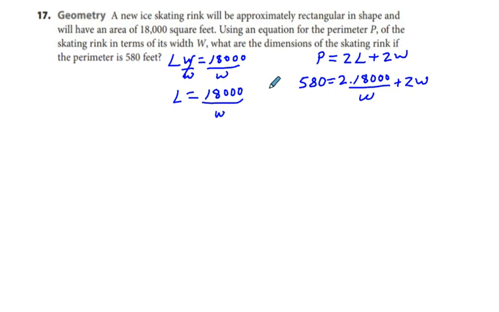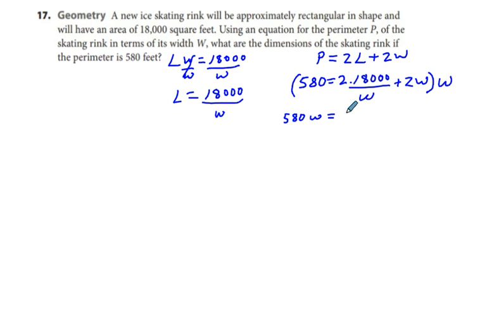And so what do we have here? We have a rational equation we can solve. And what we're going to do is multiply this whole equation by W to clear the denominator. So we multiply by W, we get on the left side 580W is equal to 2 times 18,000.